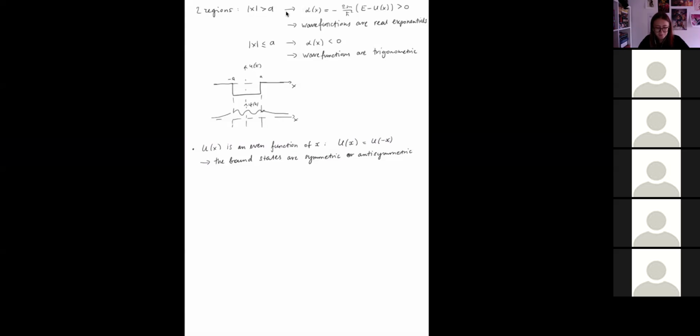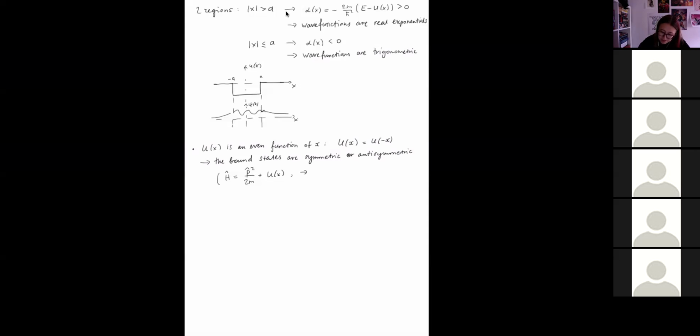So why is it so? Because U of x is an even function of x, essentially the Hamiltonian, which is just p squared over 2m plus U of x, also acts like an even function. It acts in a symmetric way, because p squared just gives you the second derivative, so we don't care about the sign effects.